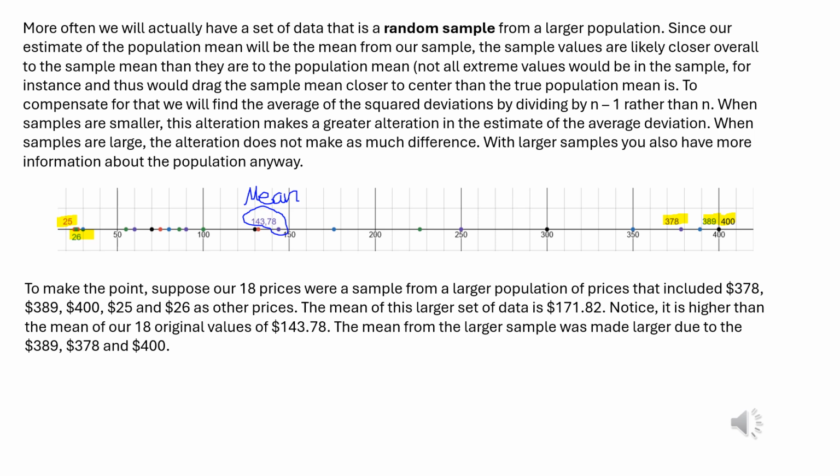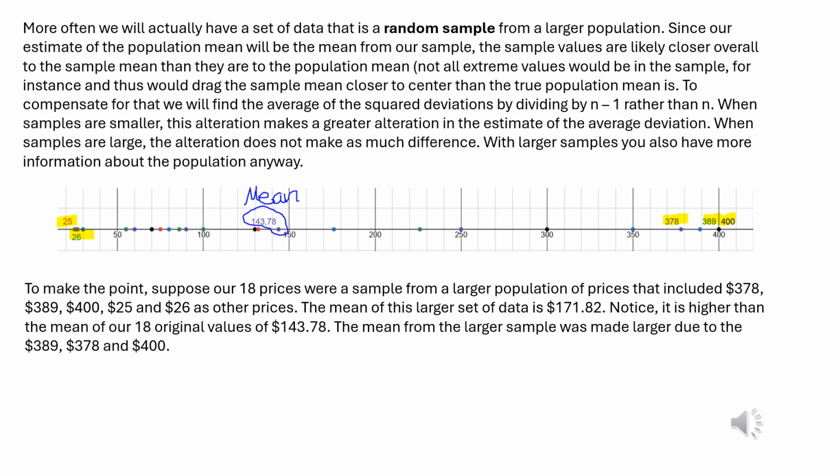To compensate for that, we will find the average of the squared deviations by dividing by n minus 1 rather than n. So when we have a set of data that's a sample and we're finding that average of the squared deviations, we're not going to divide by n, we're going to divide by 1 less than the number of data values we have in our sample.